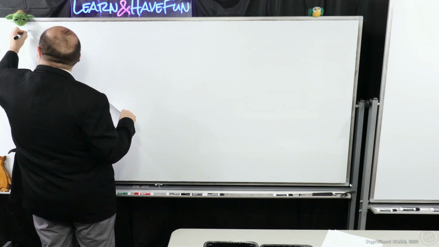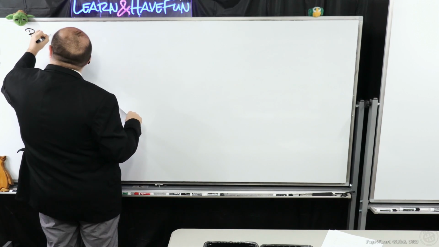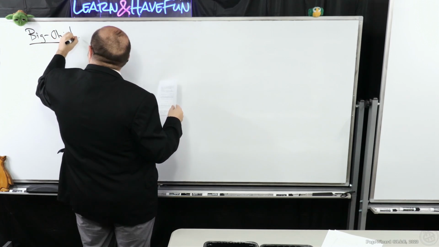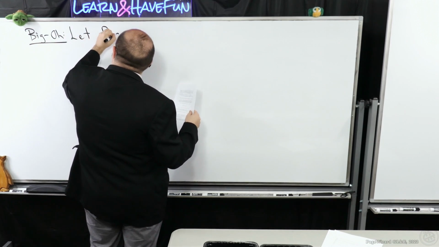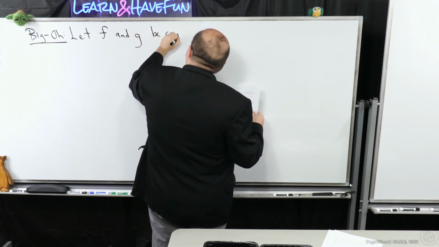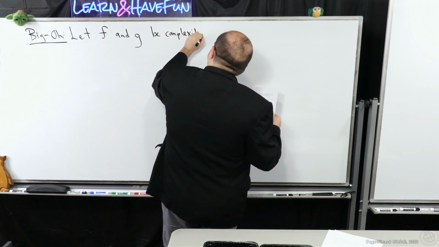So let's define what big O is. What we're going to do is let f and g be complexity functions.